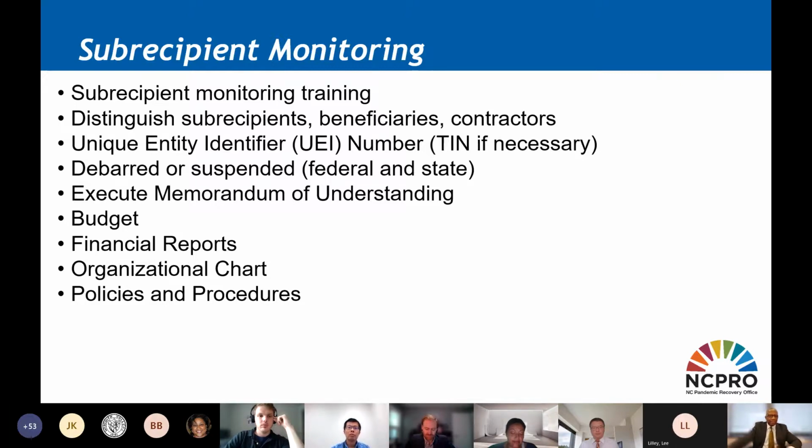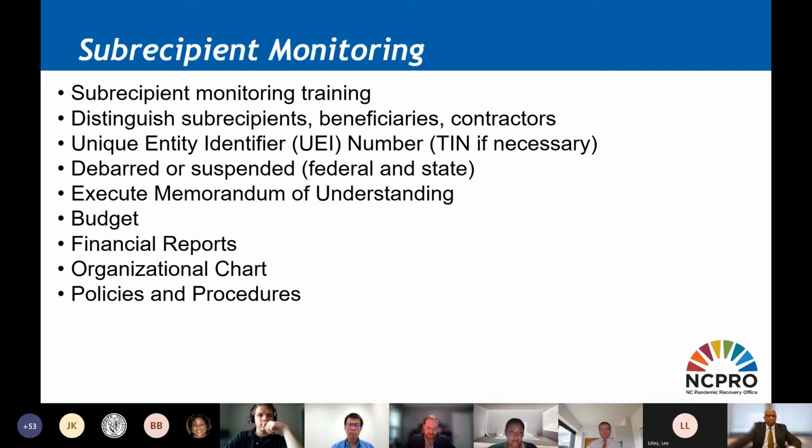NCPRO is preparing to do some things to brush up on understanding subrecipient monitoring, preparing to do subrecipient monitoring, and also to give technical advice. It is urgent that each agency make sure that there is sufficient training, and that means training for the agency as well as, with this partnership, maybe even some training with your subrecipients.